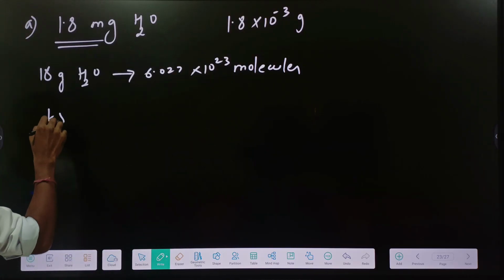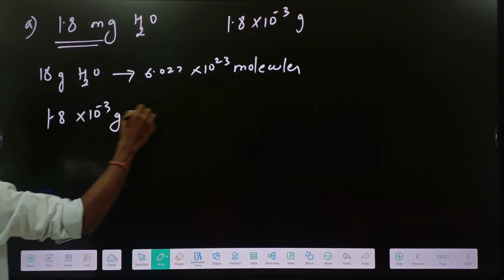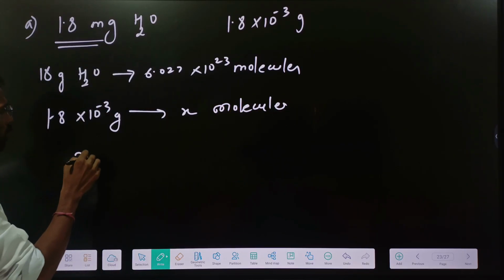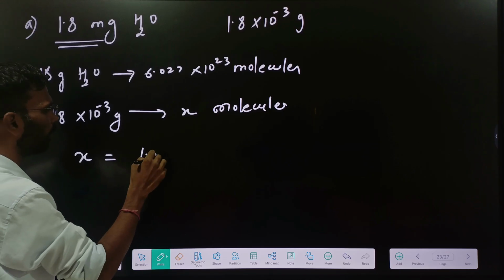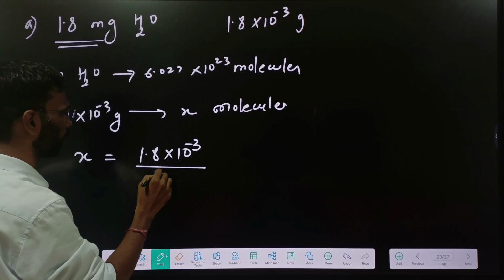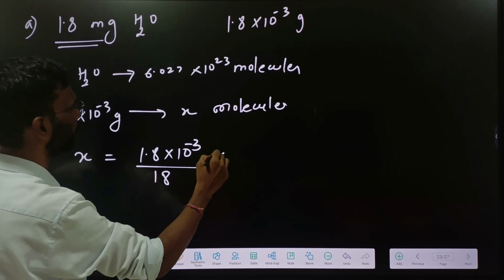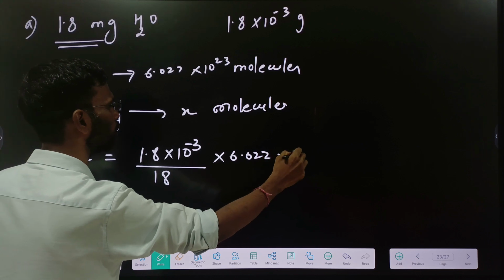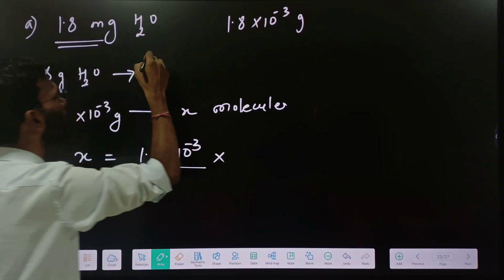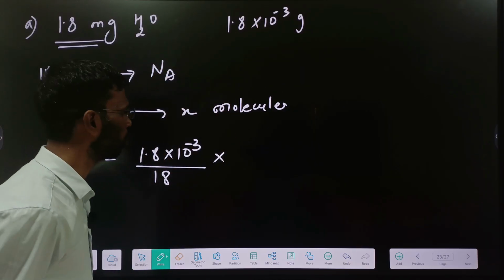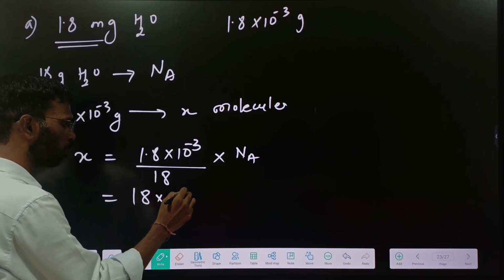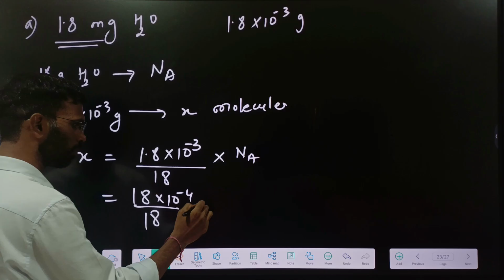I will write over here 1.8 into 10 raised to minus 3 gram will have X number of molecules. So what will X be equal to? It will be 1.8 into 10 raised to minus 3 upon 18, right? And into 6.022 into 10 raised to 23. I can write this as Na because Na is mentioned in the options. So this will be 18 into 10 raised to minus 4 upon 18 into Na.